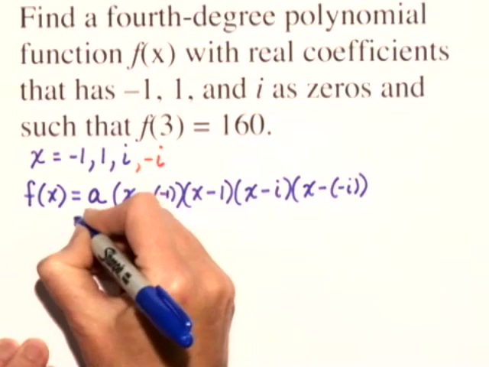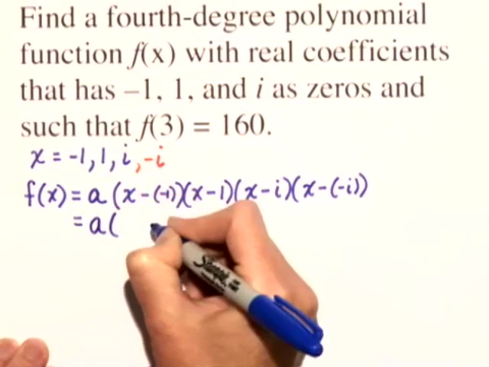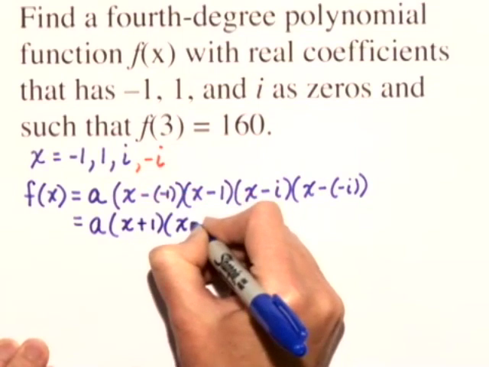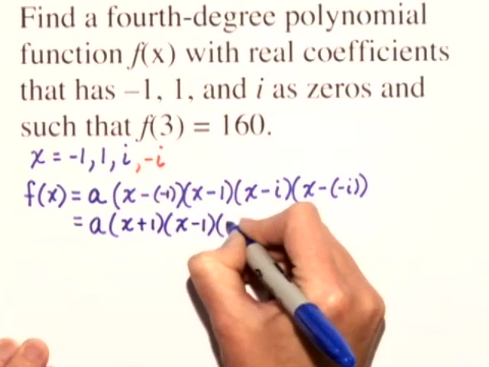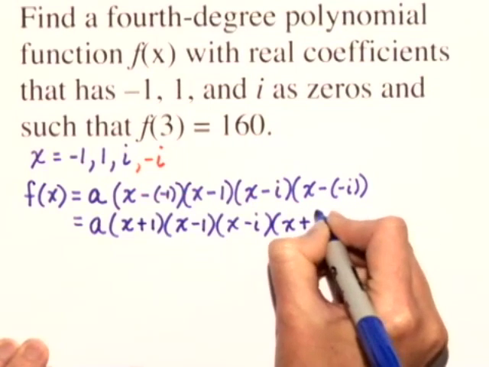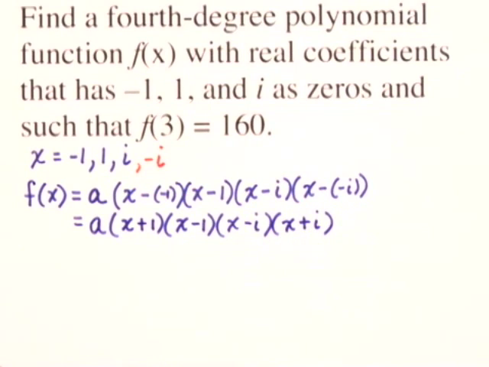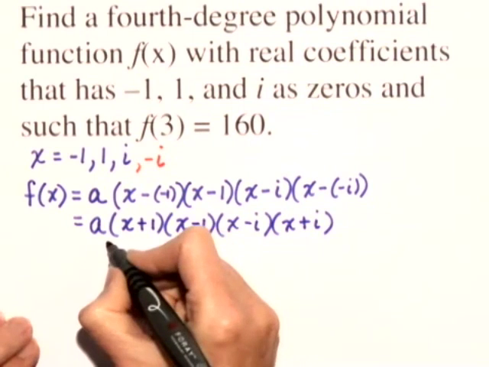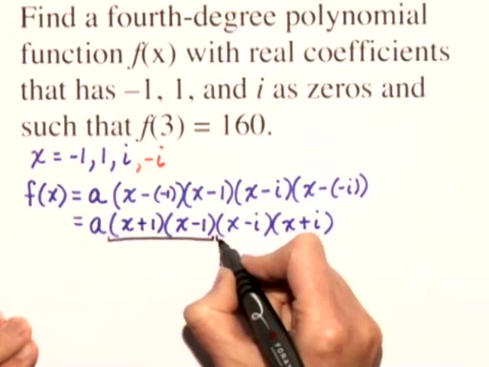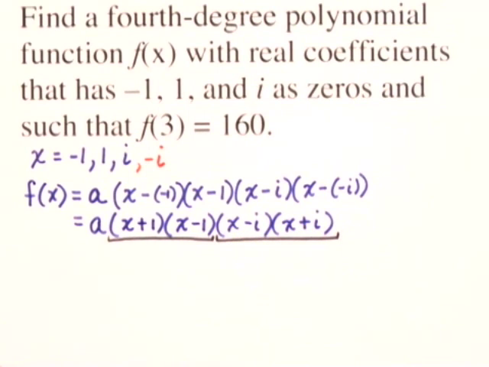Let's do some simplifying. We get a times the quantity x plus 1 times the quantity x minus 1 times x minus i times x plus i. Now, when we simplify this, let's multiply out the x plus 1 times x minus 1 first, and we'll also multiply out the x minus i times the x plus i.